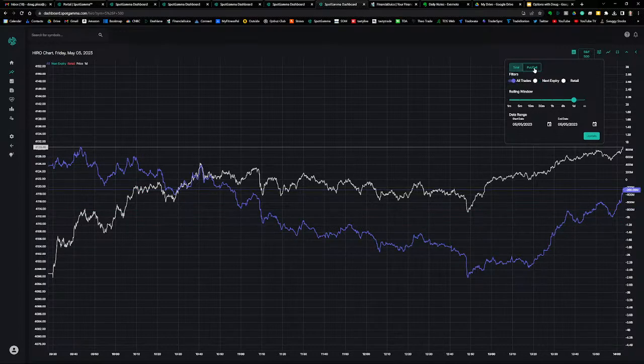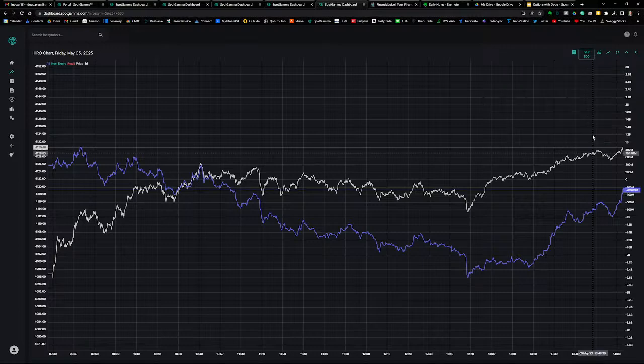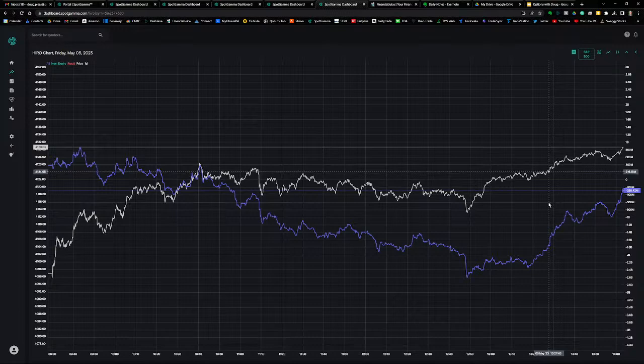So there's the signal for Hero. Again, it kind of shifts up to an uptrend, around 130, something like that.